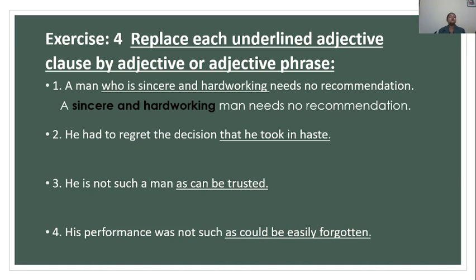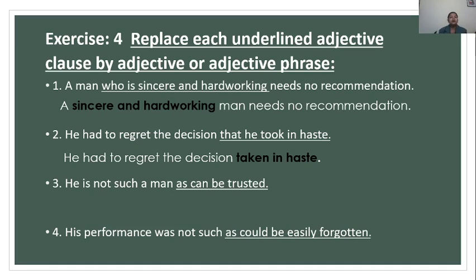The decision that he took in haste means a hasty decision or the decision taken in haste. Clear? Here I have removed the introductory word that, and it was he took in haste, so I have converted it into the phrase taken in haste. So he had to regret the decision taken in haste.